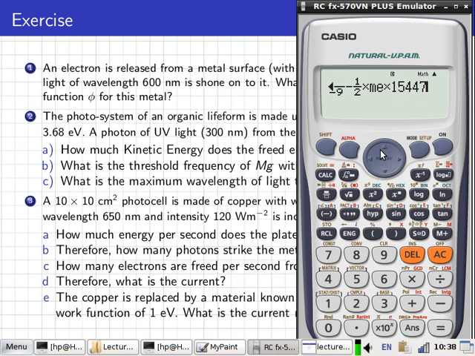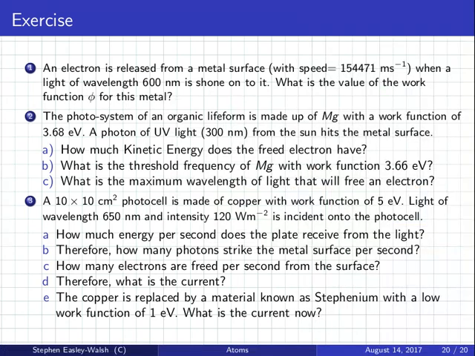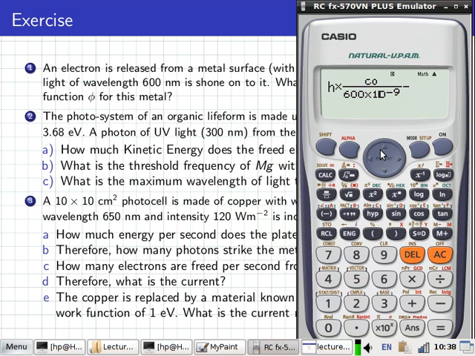HF minus work function. What is the F here? Do we know it? No, but could we know it? Yeah. So instead of being 600, it's 300. And then minus the work function.